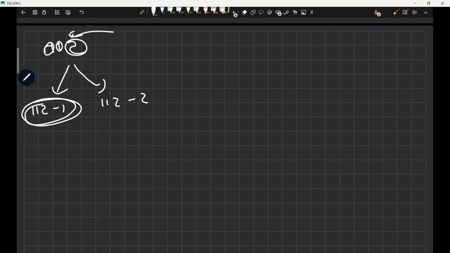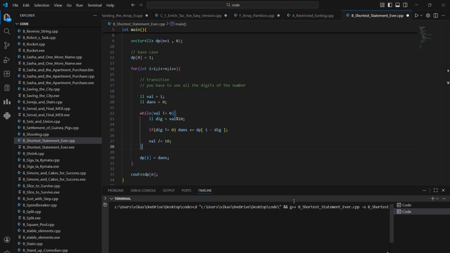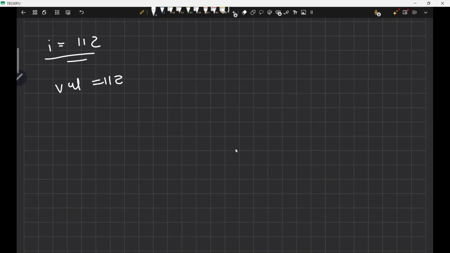So I'm going to add the dp of 111 two times. Let's say i is equal to 112. So initially the val is equal to 112.